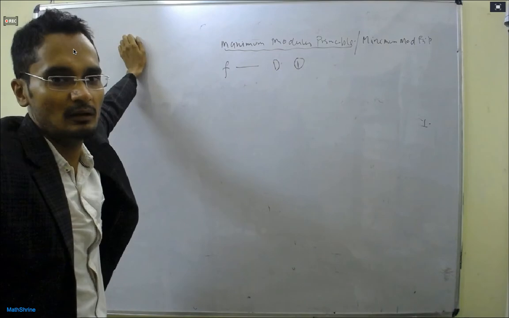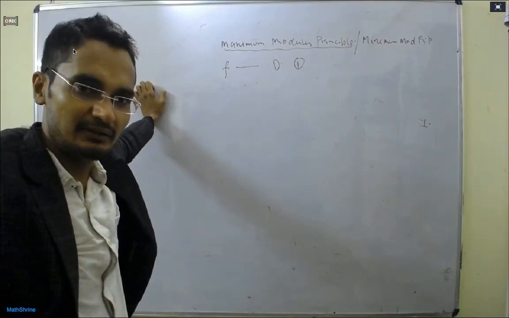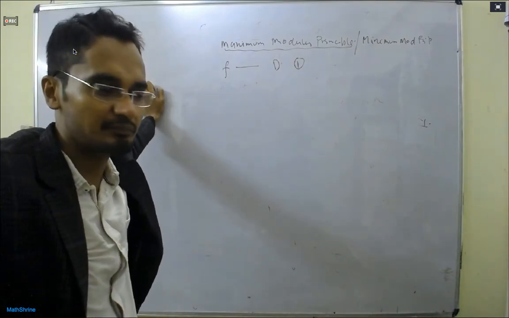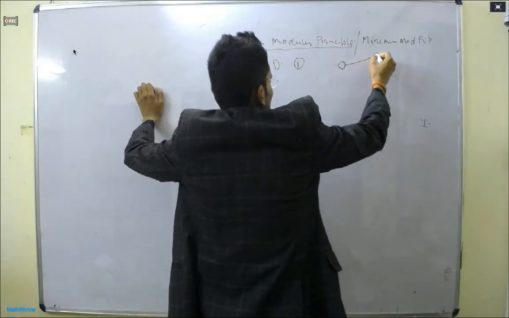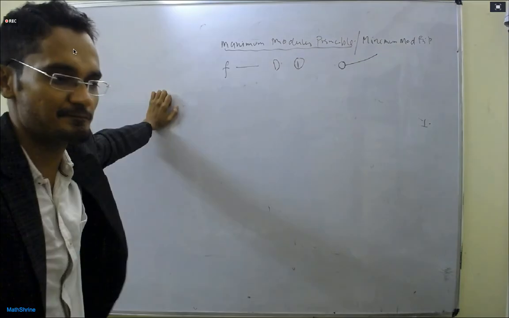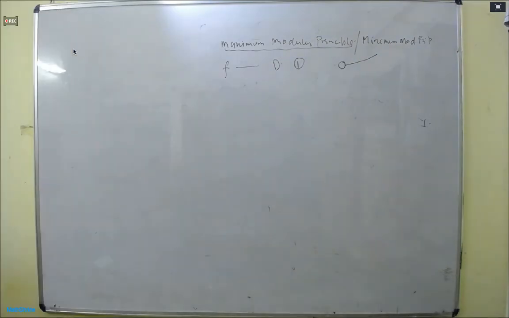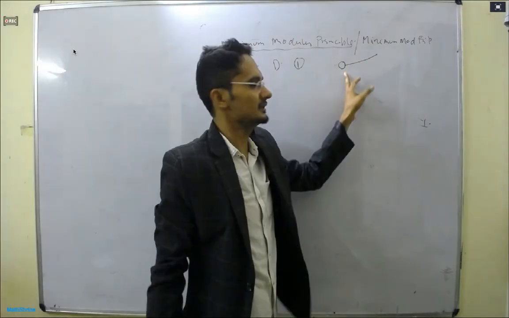So if I have a domain D and I have a function f(z), if I say my function is analytic and it has a point a such that f(a) is 0, then you close your eyes and just say the minimum value is 0, attained at the point a inside.